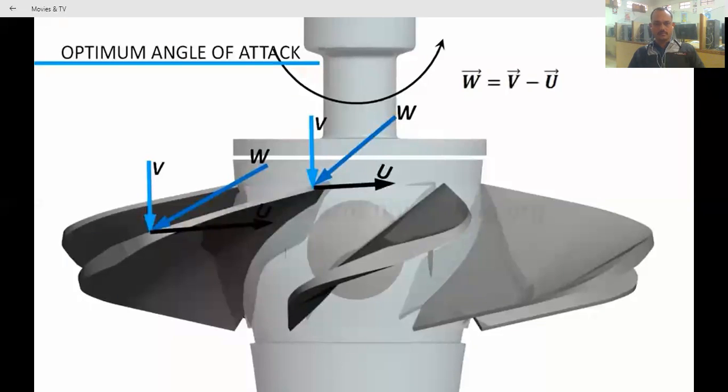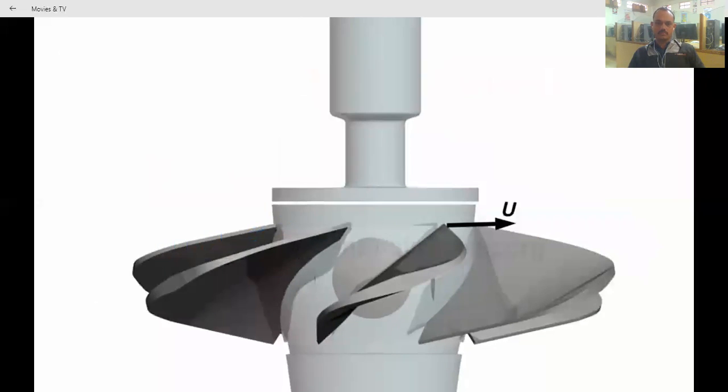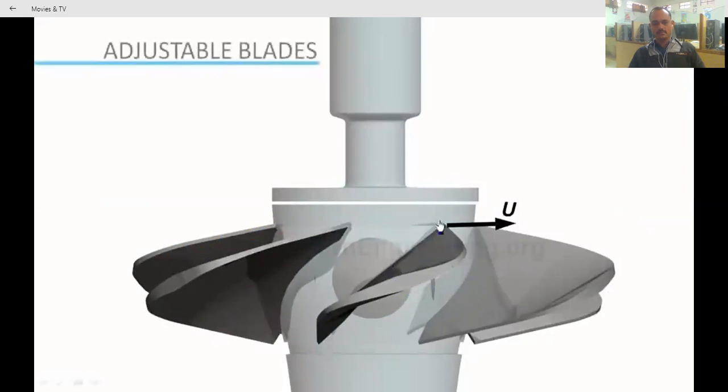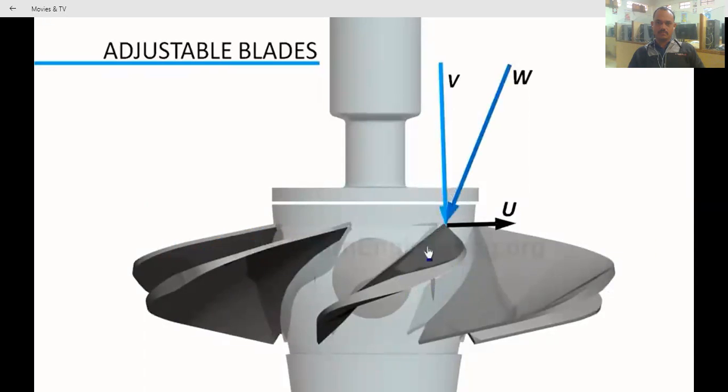With varying flow condition, relative velocity will change drastically. Kaplan turbine blades are adjustable. When flow rate is high, relative velocity of flow will be more axial, so blade should pitch vertically.